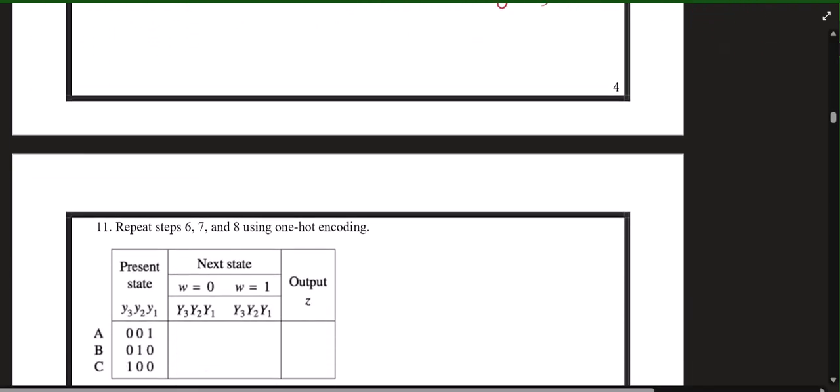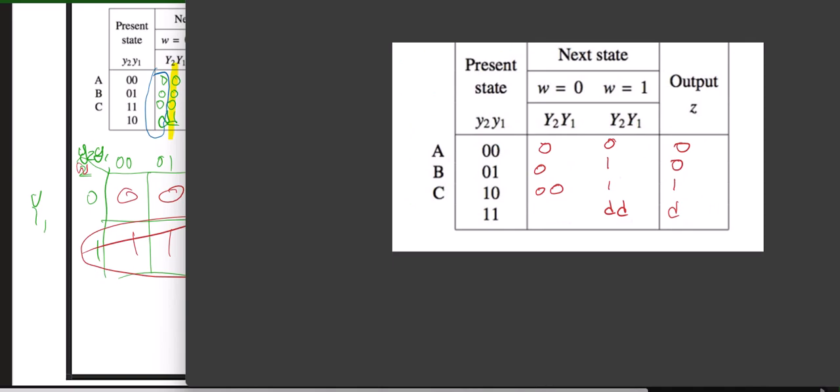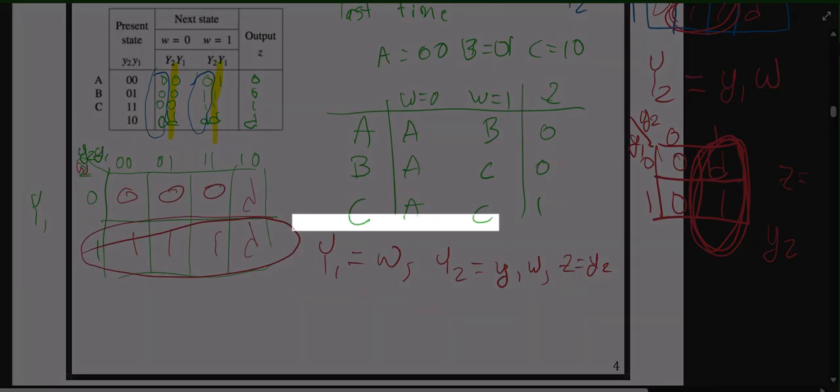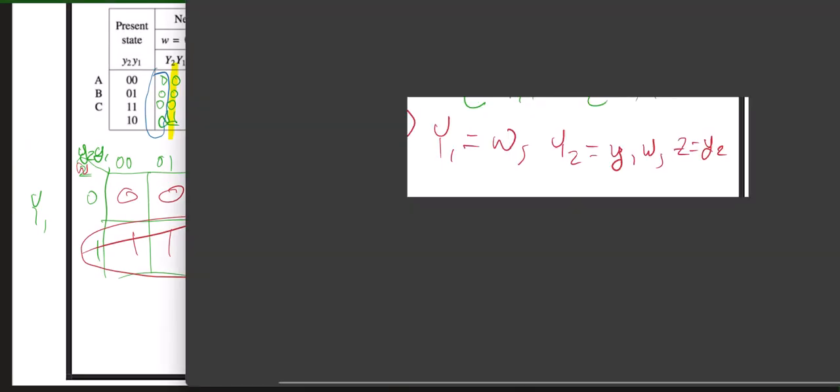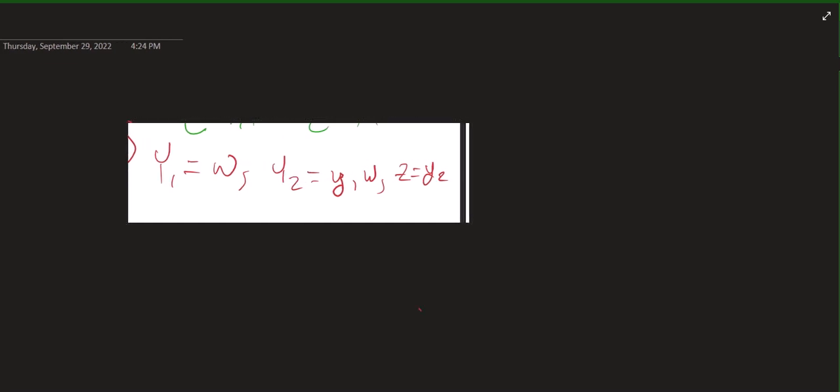Let me add a new page. Okay, so we still were using 2 bits to define our states, so we're still going to have 2 D flip-flops.